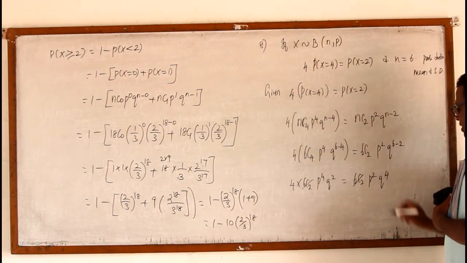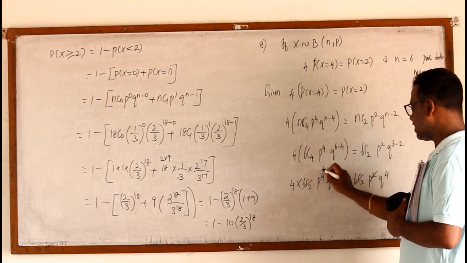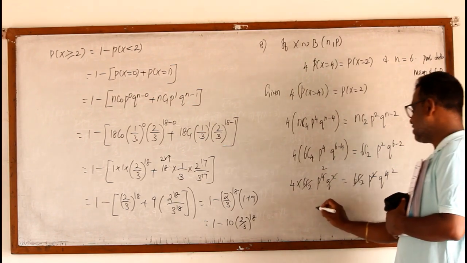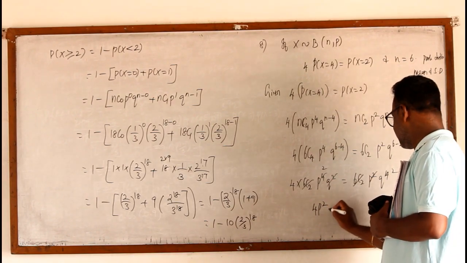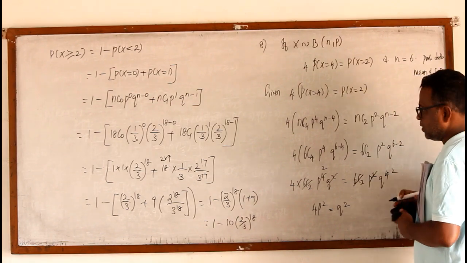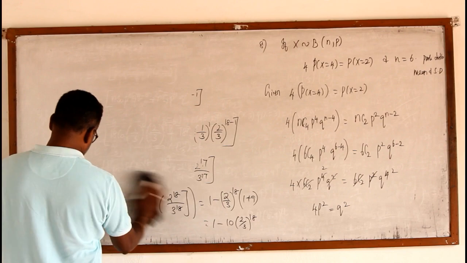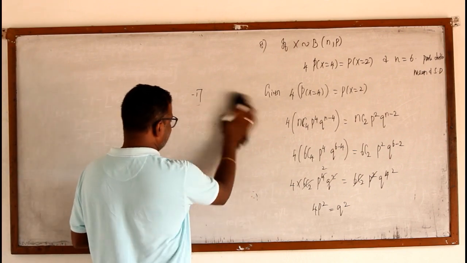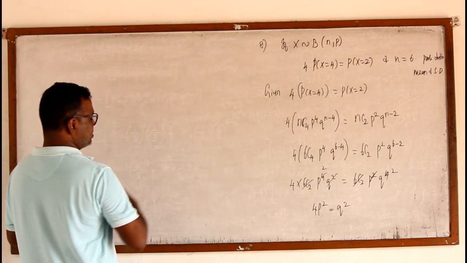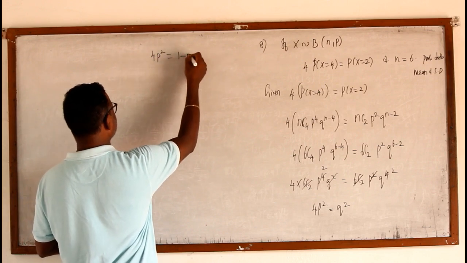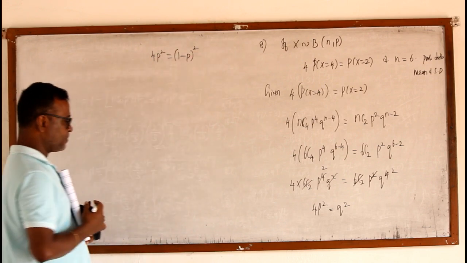6C2 can be cancelled, p square can be cancelled, q square can be cancelled. So what is remaining? 4p square equals q square. Our aim is to find n, p and q as usual. So we write 4p square equals, instead of q, 1 minus p the whole square.